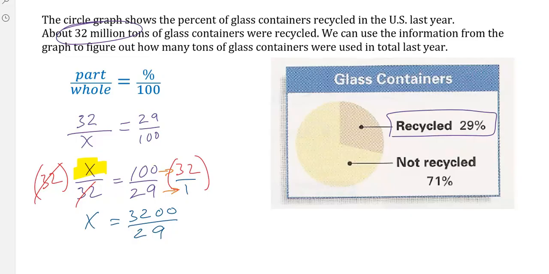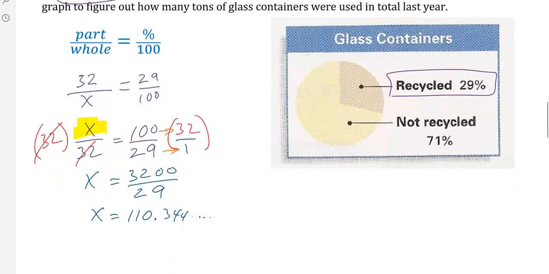Now, if I take 3200 and divide that by 29, that will give me the number I'm looking for. And my calculator says that it's 110.344 and a whole bunch more.